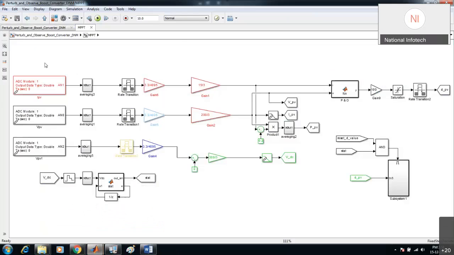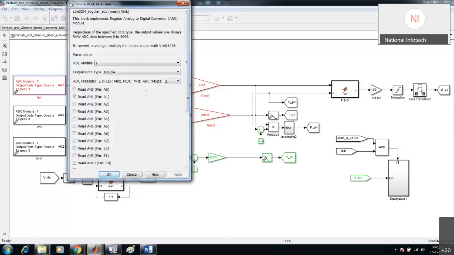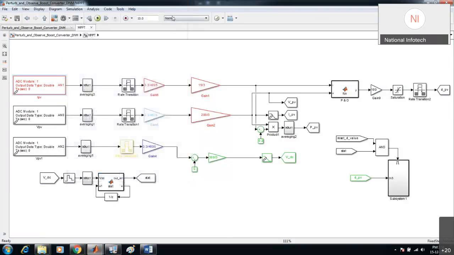So as you said, we will be measuring the voltage, and we will be giving it to the ADC of the controller. For that we have this ADC. We have selected this A1 channel. On the A1 channel, we are sensing this current.